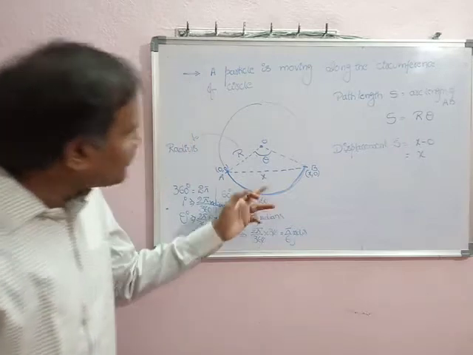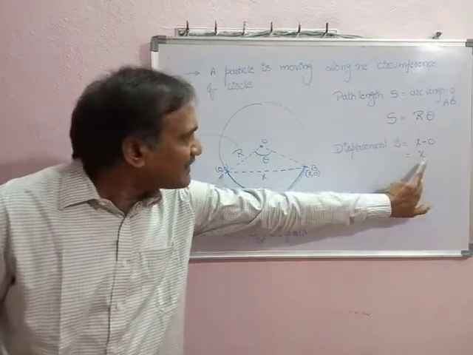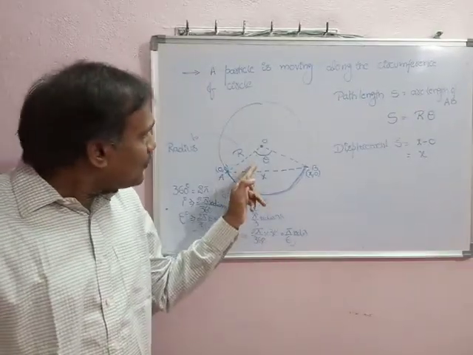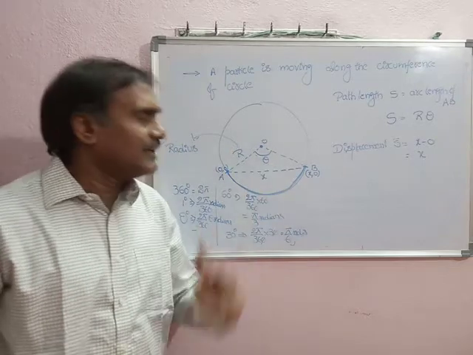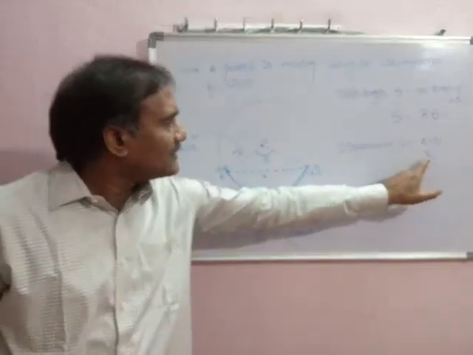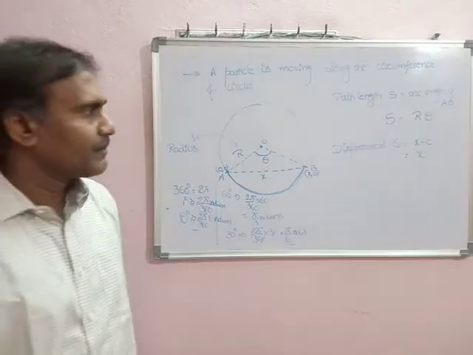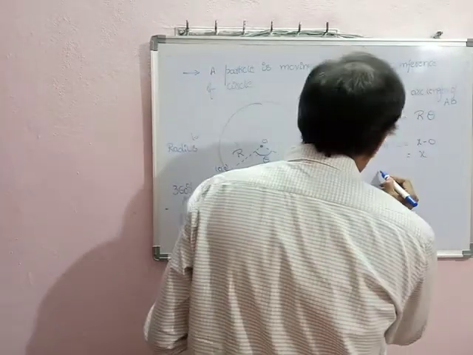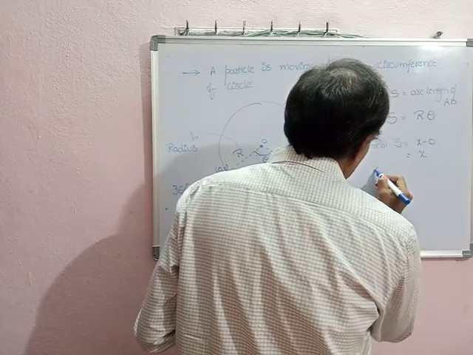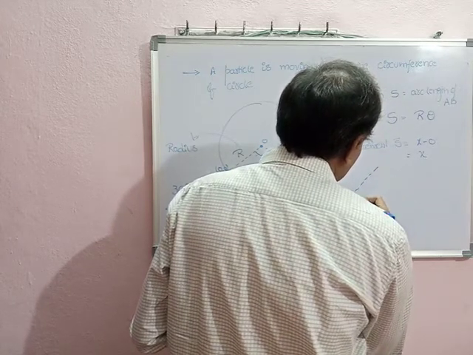But in the problem, they will not give the x value. They gave r and theta. That means we want to find out this x in terms of r and theta. How will you find that x in terms of r and theta?